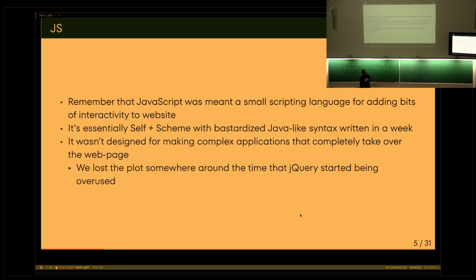Because jQuery was a nice idea. You select an element and you do something with it. And then people said, okay, what if we just started combining tons and tons of this and overriding the entire behavior of the application? And then someone said, what if we make jQuery able to create HTTP requests and automatically parse the JSON response?